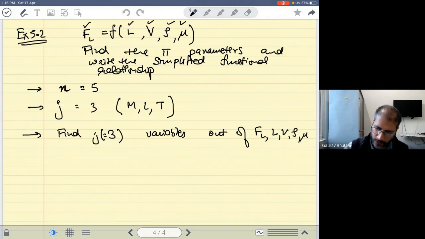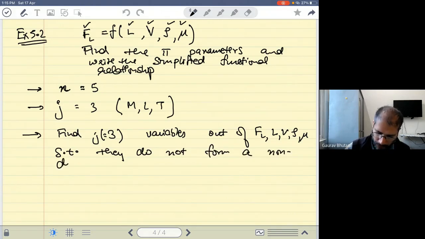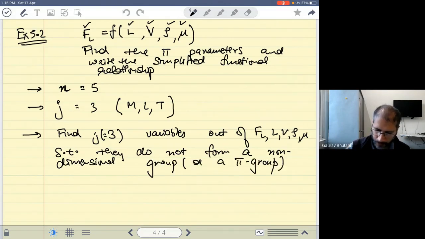So find 3 variables in this case out of these 5 variables, such that they do not form a non-dimensional group, or sorry, a pi product.